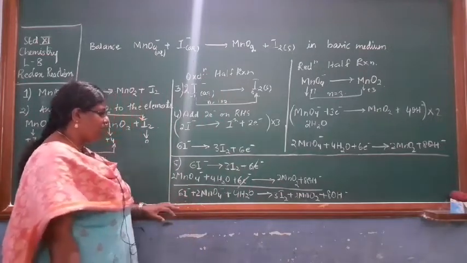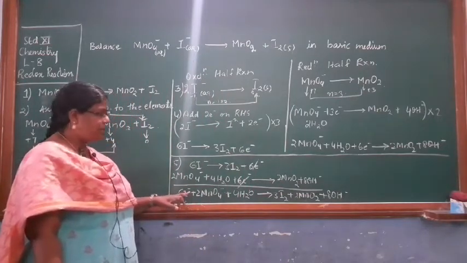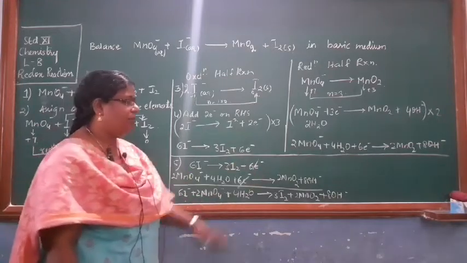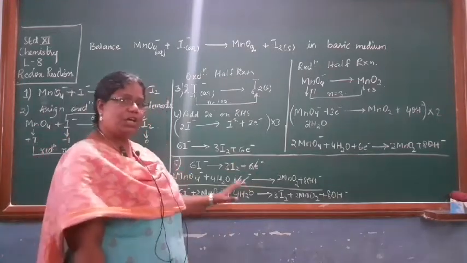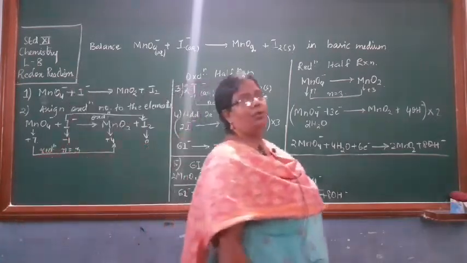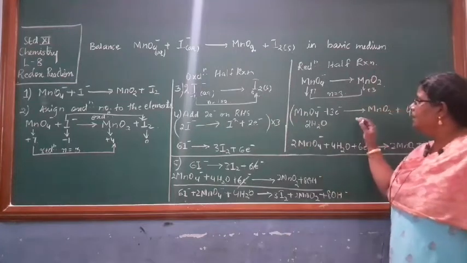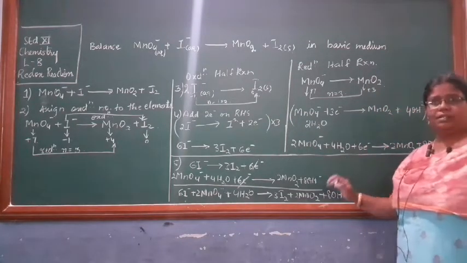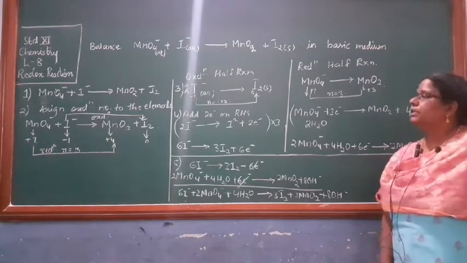Now look for the charges. It is 6I minus and 2 minus, total minus 8 charge, there also minus 8 charge. So charges are also balanced here. Okay, so you have to be very careful while adding the H2O and OH minus. That is the only difficult thing here. Okay, note down.